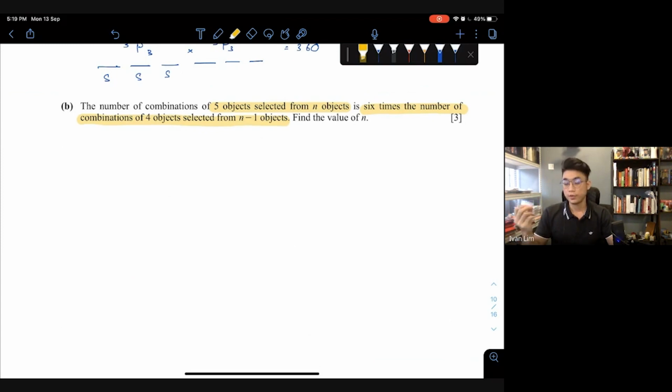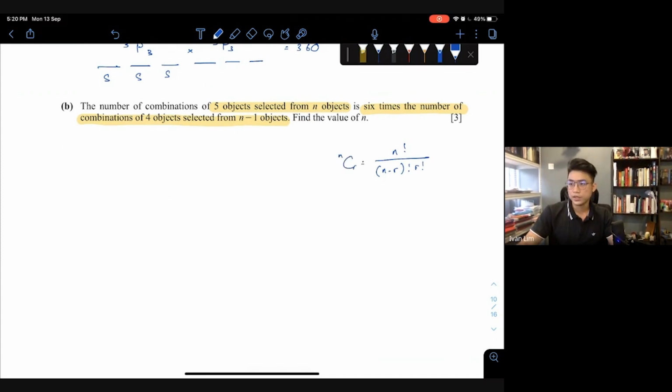So, gotta remember, if our n is unknown for a combination question, then we have to use the formula. What is the formula? Go to your formula sheet. It'll give you n factorial over n minus r factorial, r factorial, and this is nCr.